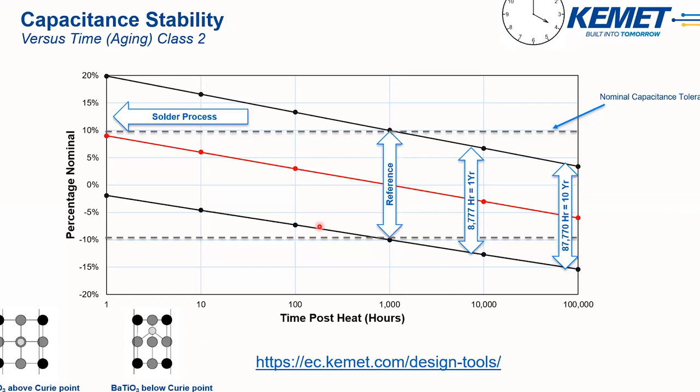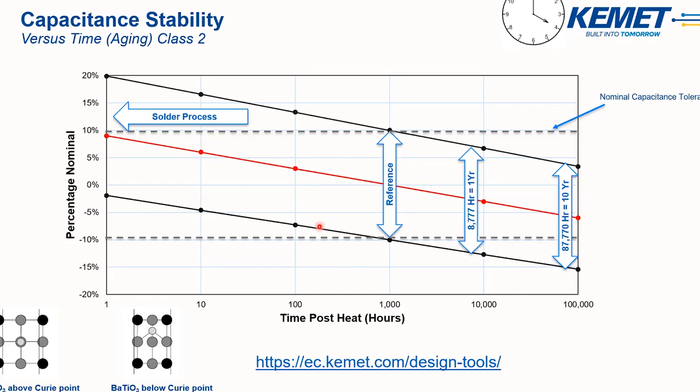So this means that after your last heat, after 48 hours or 1,000 hours, depending on the spec, that's when the capacitor is going to be plus or minus 10%. And we see this where people solder the MLCC to the circuit board, and then they immediately measure the cap, and then it's out of spec. You actually have to wait until 1,000 hours, or you can use our aging rate calculator on KEMET.com that can predict when that will happen.